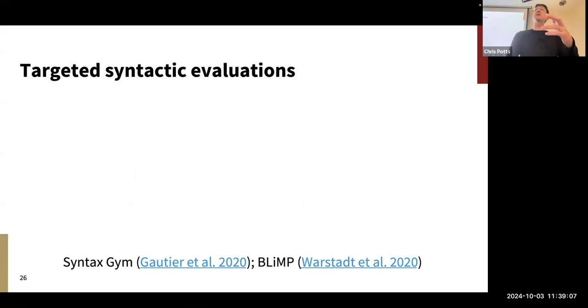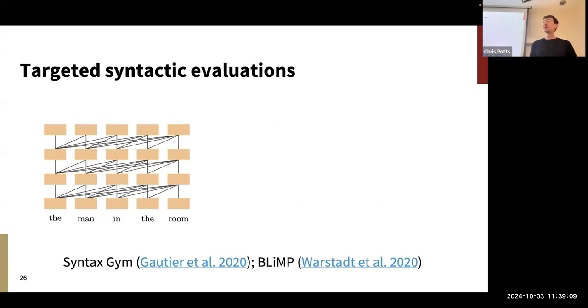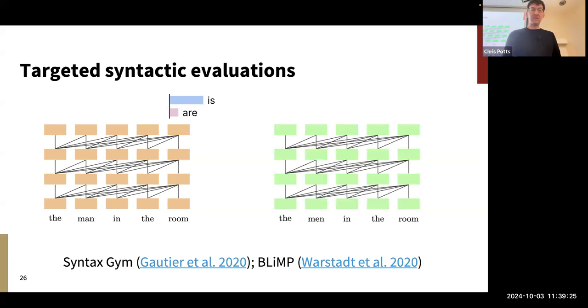And the idea here is a kind of behavioral perspective. So I have the man in the room on the left there, and its next token prediction has more weight on is than are. And we could take that as a piece of evidence that the model knows that this entire phrase is singular. And we would pair that with the minimal example, the men in the room.